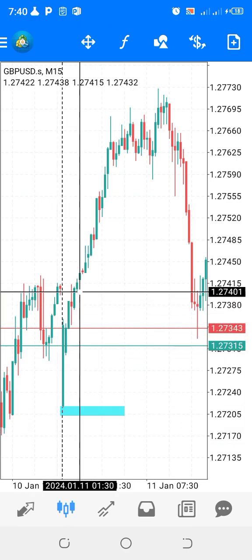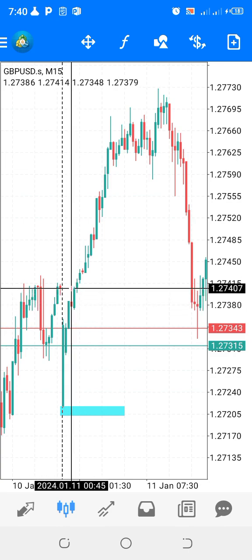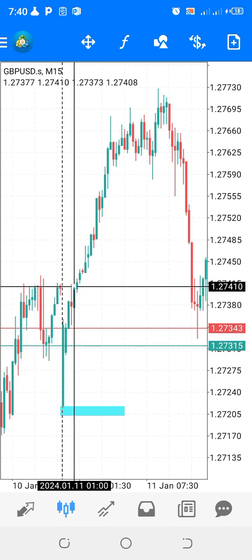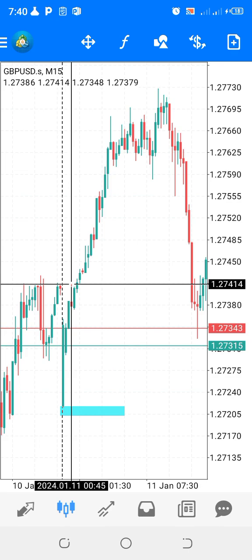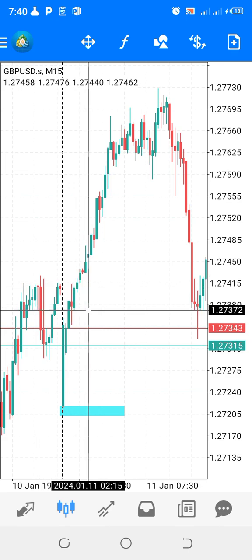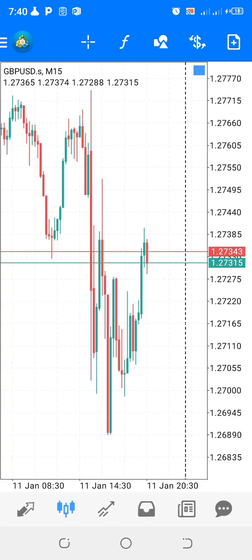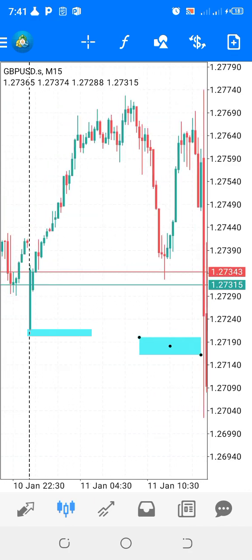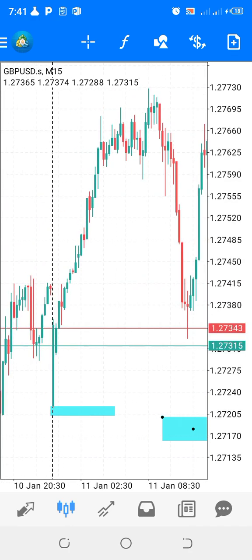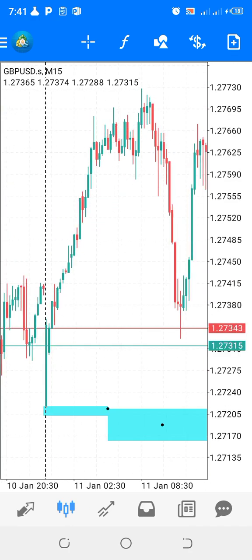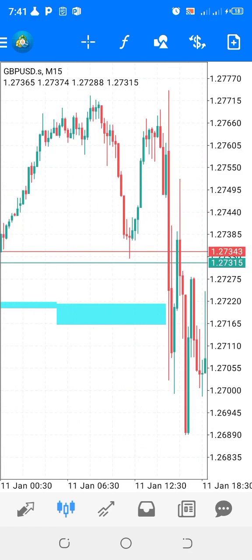The next level to mark is the impulse break or continuation level. So again, use a slab and place it on the... okay, let me say that correctly.